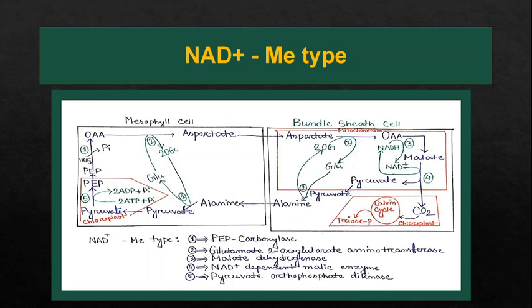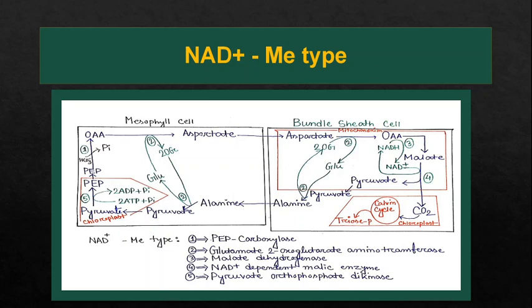The pyruvic acid diffuses from mitochondria into the cytoplasm, where it is transaminated to yield a specific type of amino acid, that is alanine, and the enzyme involved is alanine aminotransferase, and glutamic acid acts as amino donor. And the alanine then diffuses from the cytoplasm of bundle sheath cells, that is Kranz cells, to the cytoplasm of mesophyll cells, where it is converted back into pyruvic acid by reversal of the previous reaction.